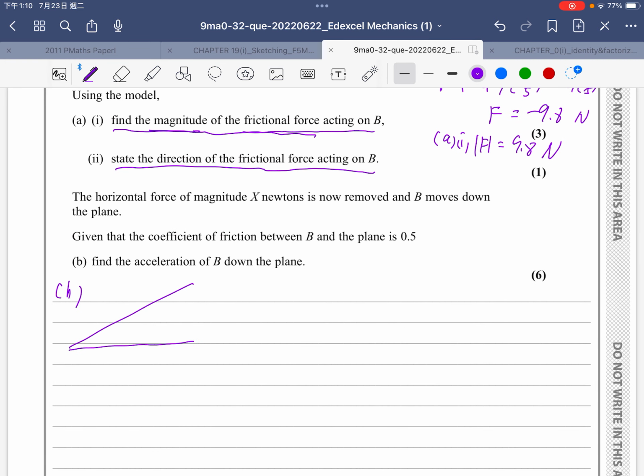This is board B. This is the normal reaction, and this is the frictional force. The weight downward is 5g, decomposed into two directions: one perpendicular to the inclined plane, and another along the inclined plane.